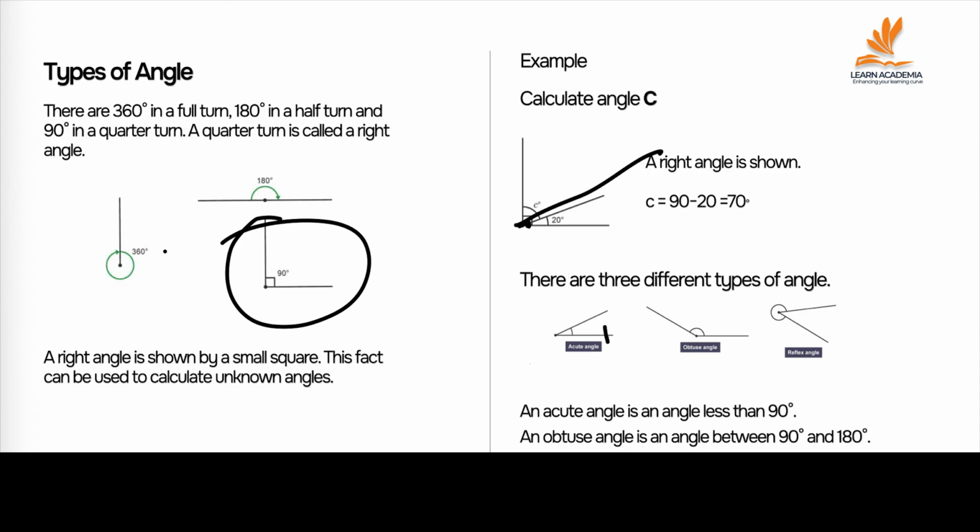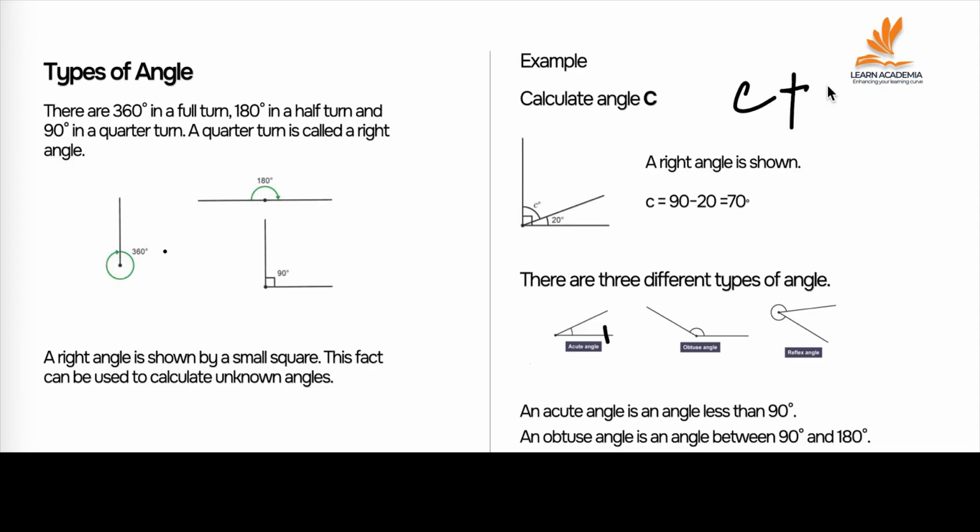Whatever parts the angle is divided into, just know for a fact that for an angle formed through a quarter turn, the sum of angles formed in between that turn is 90 degrees. So we can say that C plus 20 degrees equals 90 degrees, which represents the quarter turn.